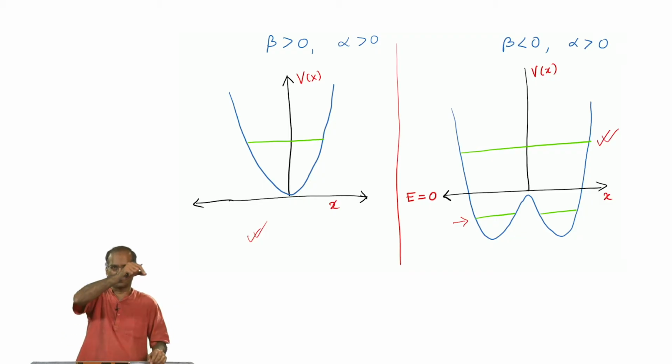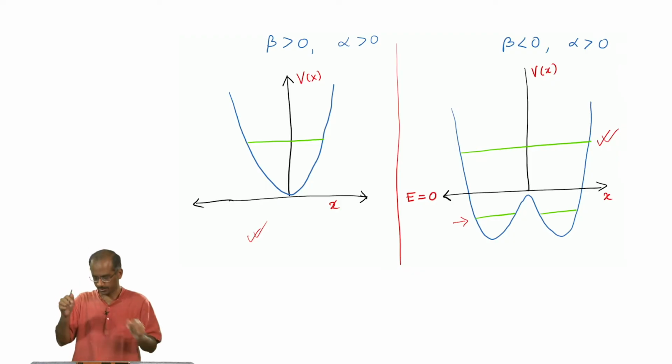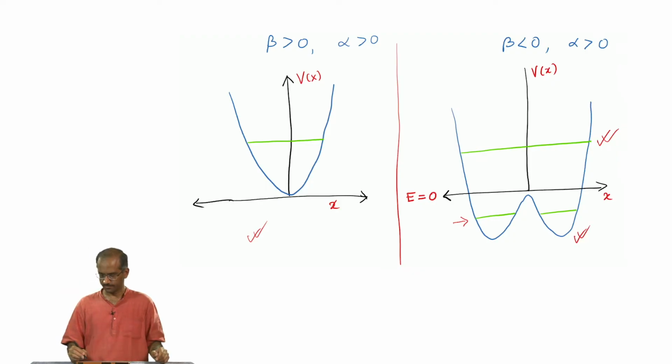In that case the marble will simply oscillate within that left hand side bowl. And similarly, if you had placed the marble on the right hand side bowl somewhere here where the green curve is shown, it is going to oscillate in that right hand side bowl. It will never have the energy to be able to cross the barrier and come to the other side.